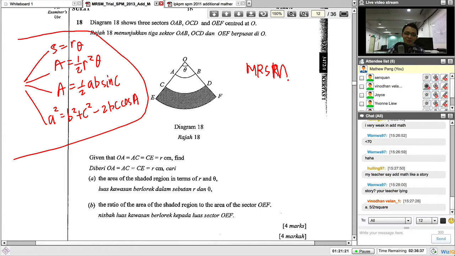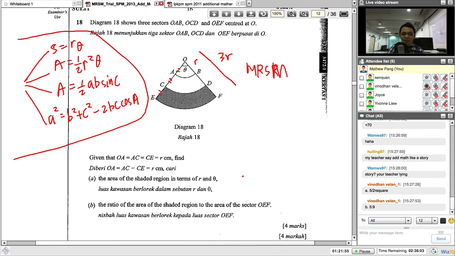Okay, some students actually got the answer: 5/2 r square. I have no idea, but I think maybe it's correct. Over here it tells you OA is the same as AC, which is the same as CE. So basically they are the same length. Then 3 of these form a sector with the center O. So this is R, and the total length over here will be 3R.